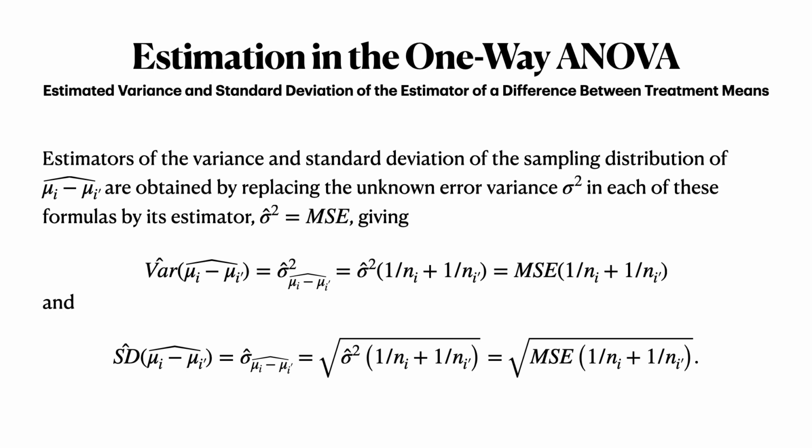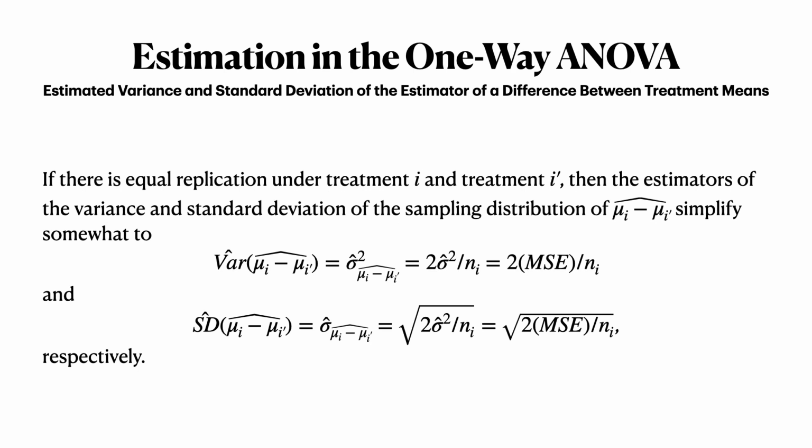And so the estimated variance of the point estimator of the difference between mu sub I and mu sub I prime turns out to be equal to the MSE times the quantity 1 over n sub I plus 1 over n sub I prime. The estimated standard deviation is therefore equal to the square root of that quantity.